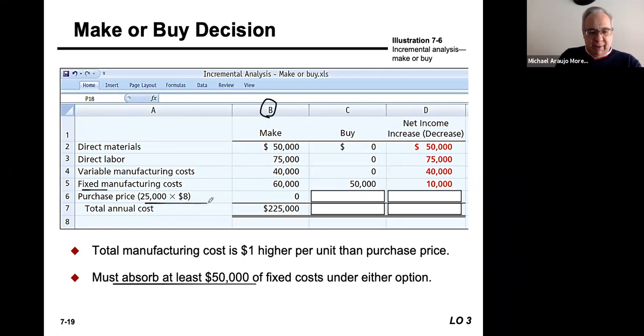And then of course they're going to buy them. They're going to buy 25,000 of them at $8. So they don't buy them now, they make them. If they went ahead and bought them, it would be 200,000. So to actually buy them, it would cost them a total of 250,000, even at the lower price.